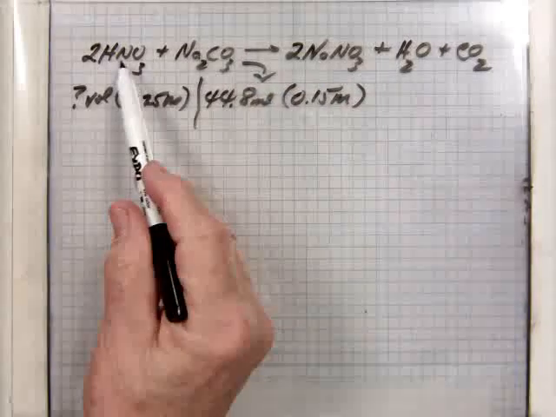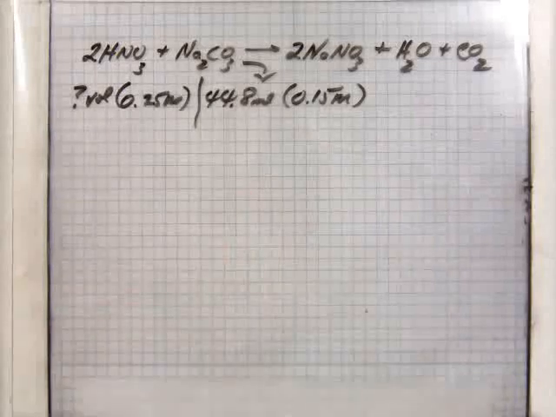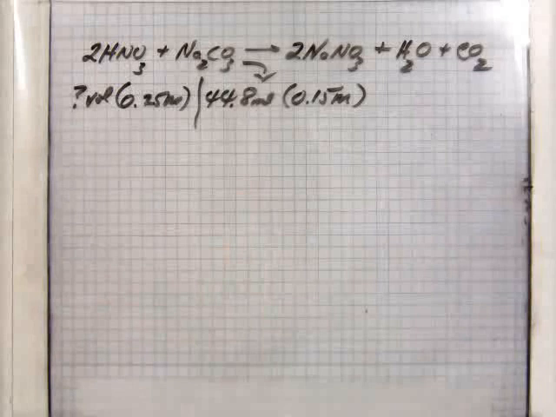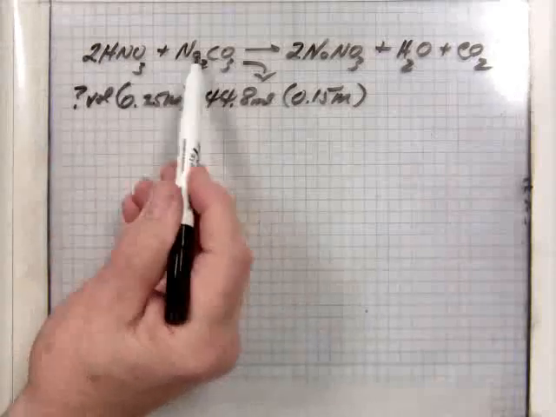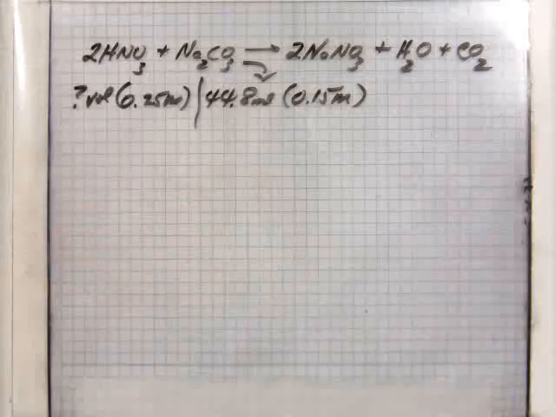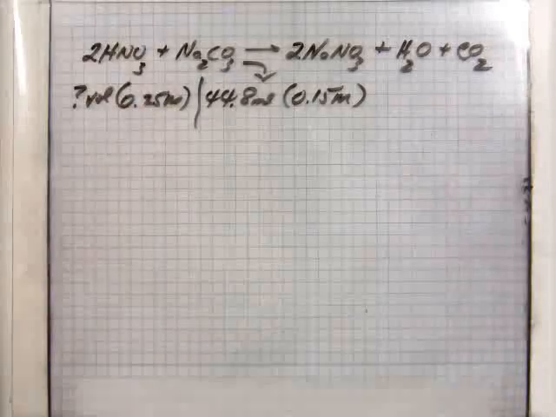When you look at this, it is a 2-to-1 ratio. Now, here's some stoichiometry you need to be aware of also. In just looking at the standard equation, what's the reaction ratio here? 2 parts acid to 1 part sodium carbonate.